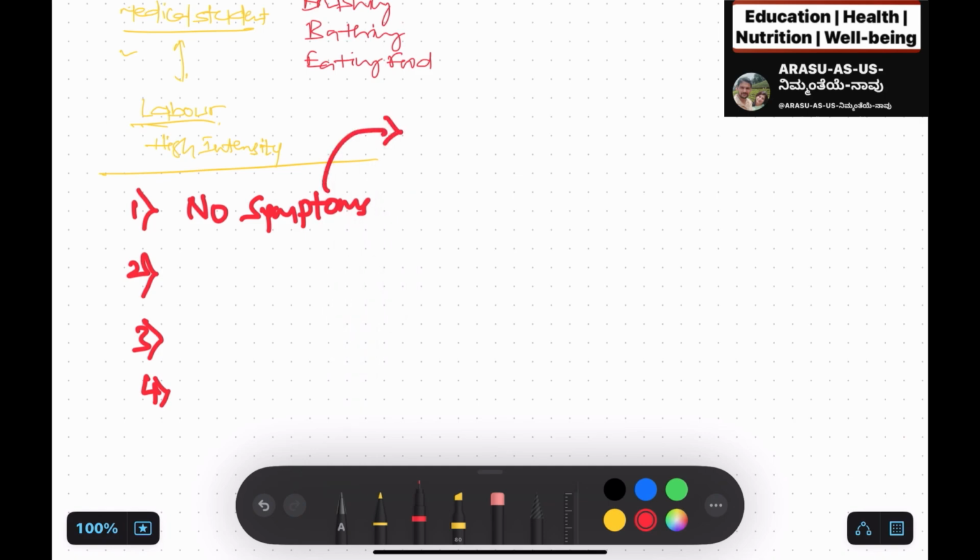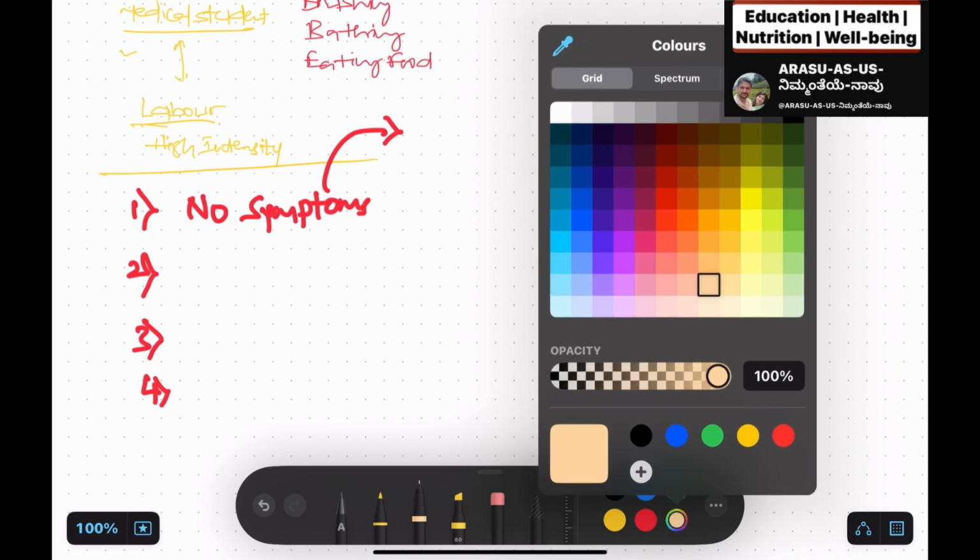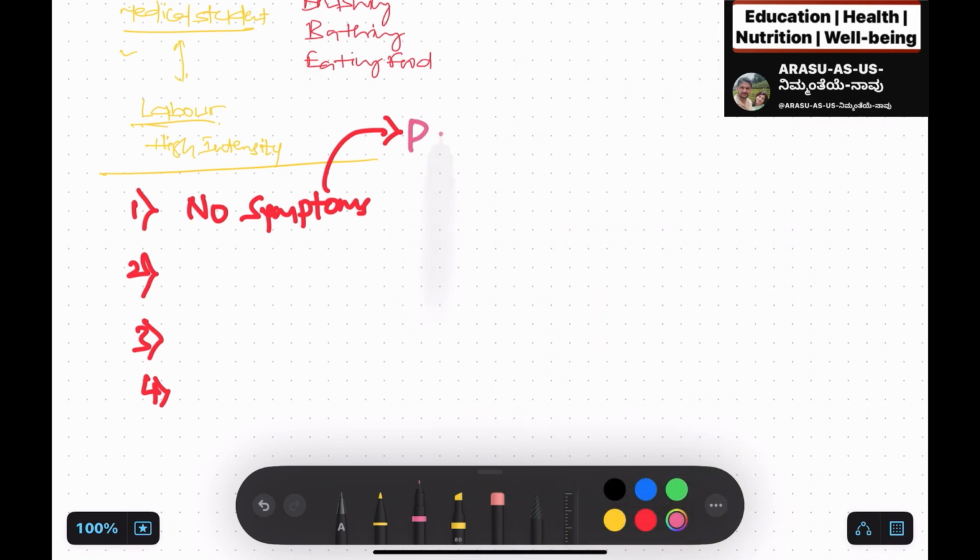Here we can remember NYHA involves the symptoms PDF: P, D and F. That is, we consider palpitations, dyspnea and fatigue. If an individual who has heart disease is doing their activities of daily living without any palpitation, dyspnea or fatigue, we will grade them as NYHA class 1.